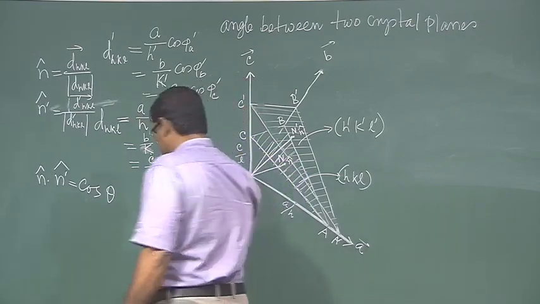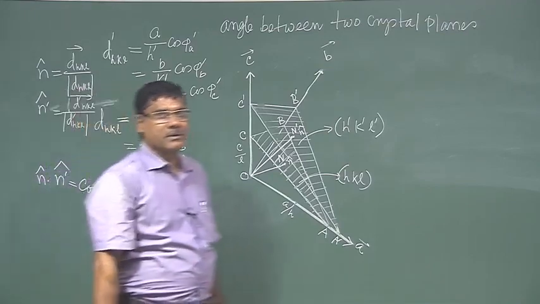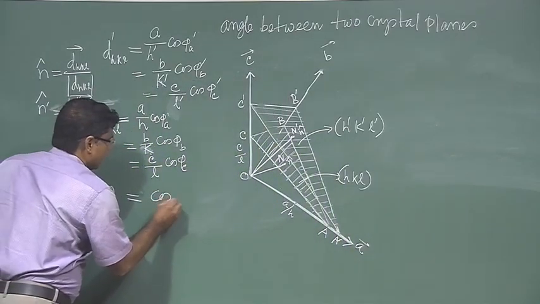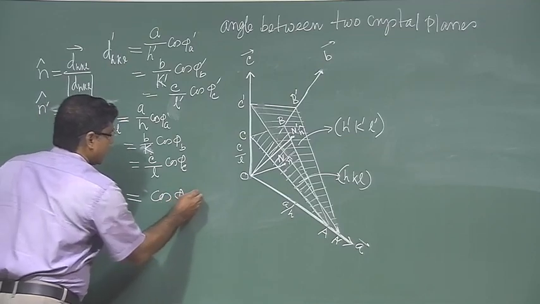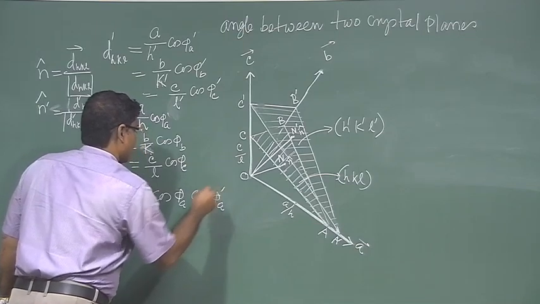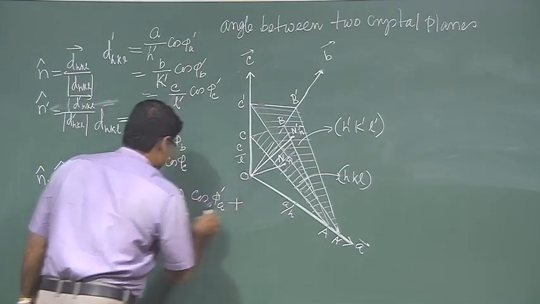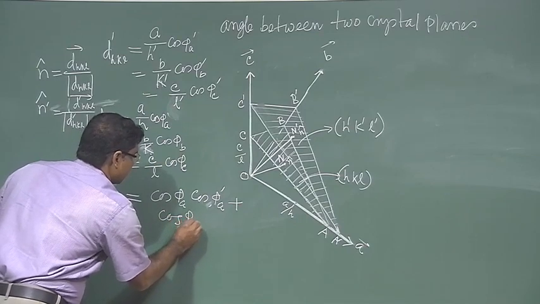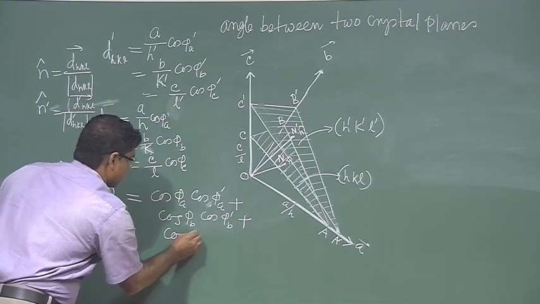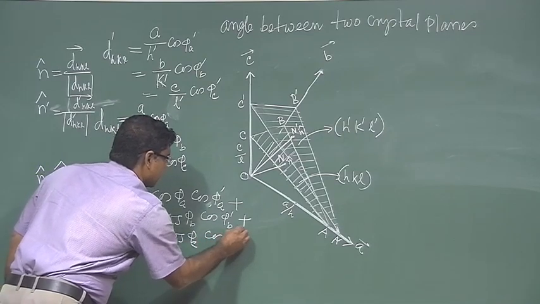Okay. So, from the direction cosines themselves one can write the angle between these two as cos theta equals cos phi a cos phi a dash plus cos phi b cos phi b dash plus cos phi c cos phi c dash.